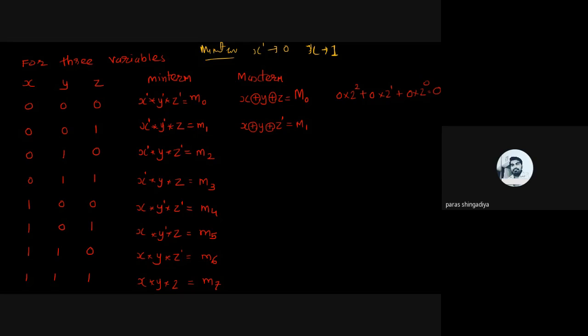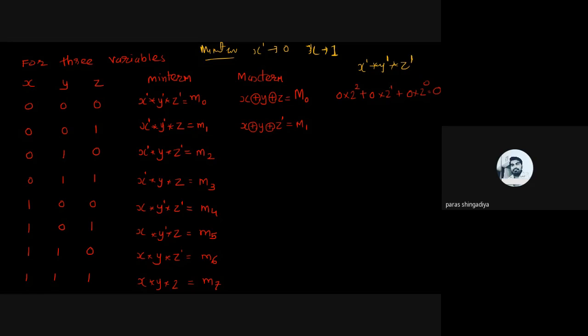And now to evaluate the answer of small m0, okay, means why it is 0 here. So let us check it. So just apply the sequence of 2 raised to n. तो तीनों वैल्यू dash हैं, ठीक है, complement value है. So all are predicted 0. Okay, so that can be written 0 into 2 raised to 2 plus 0 into 2 raised to 1 और plus 0 into 2 raised to 0. यहाँ पे मैं लिखता हूँ x dash star y dash star z dash.